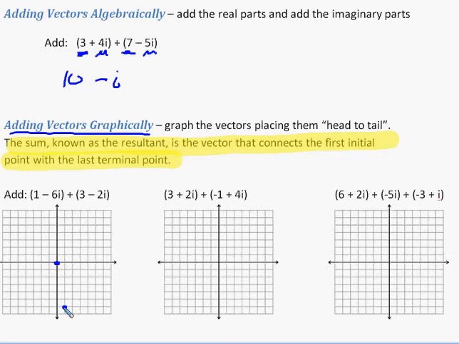And so we want this vector. It's a rough drawing of a vector. We're going to add 3 minus 2i. So what we're going to do is start here at the part we just ended at, and we're going to go right 3 and then down 2, which will bring us to here.